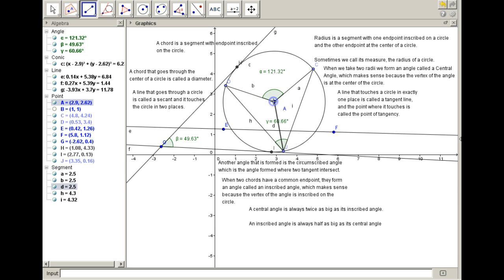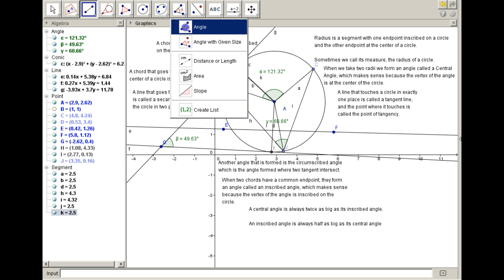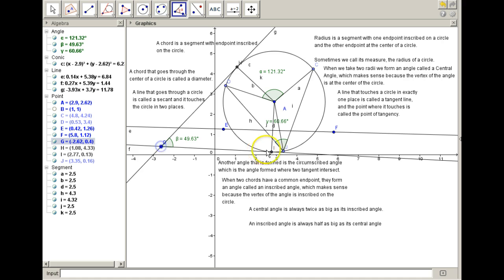What we're going to do is create a radius to the point of tangency, from the center of the circle to the circle point where it's tangent. I'm going to do it here with I. And what you're going to notice is that when we measure that angle, let's try it again. So here we go. We've got this angle here.